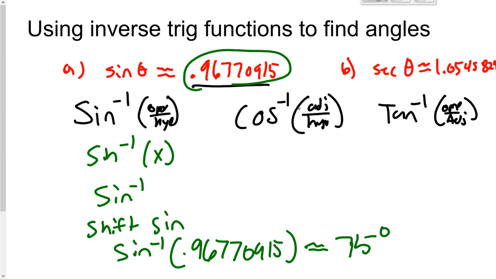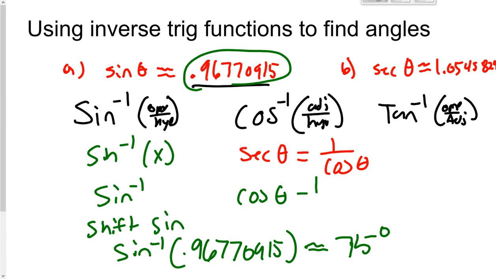Same thing with this. Secant's a little bit different, right? Because remember, secant of theta is equal to 1 over cosine of theta. So if I want inverse secant, if I want that angle, what I'm going to have to do is find cosine of theta, which would be 1 over my answer, 1 over 1.0545829.